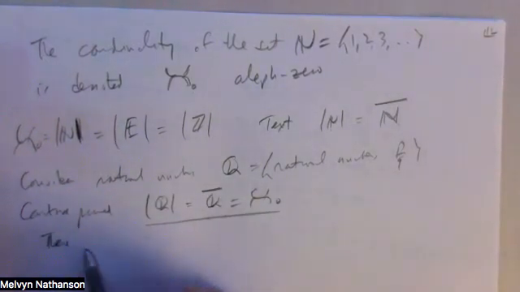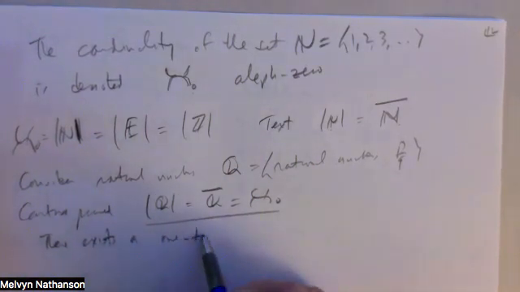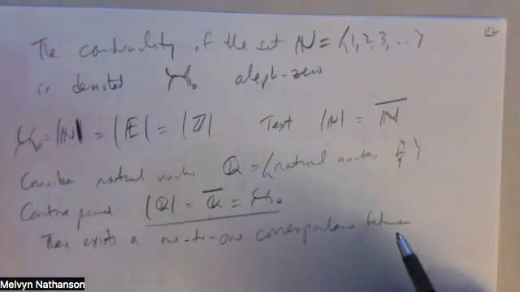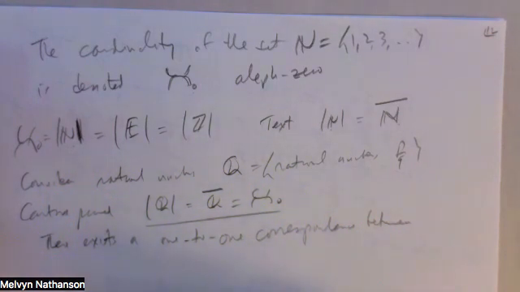So there exists a one-to-one correspondence between Z and Q. There are different ways to do it.